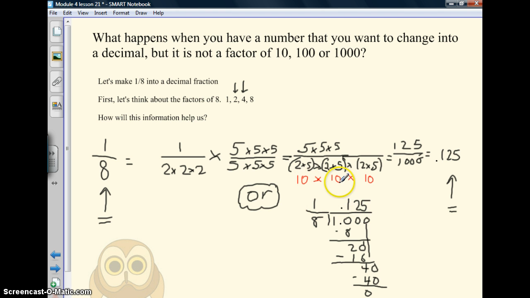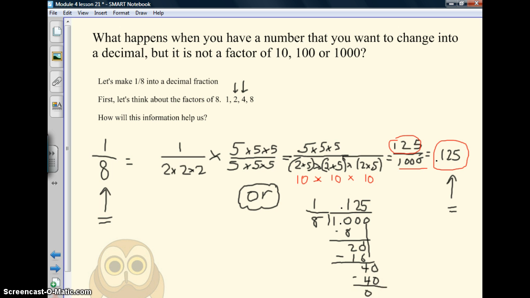So 10 times 10 is 100, times 10 is 1,000. 5 times 5 is 25, times 5 is 125. So if I write this fraction, 125 thousandths, as a decimal, I get 125 thousandths.